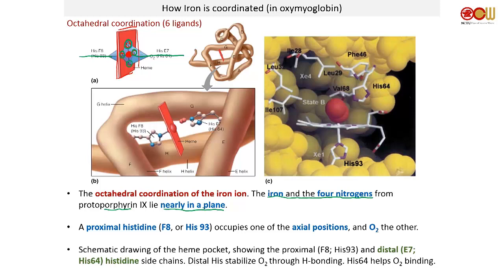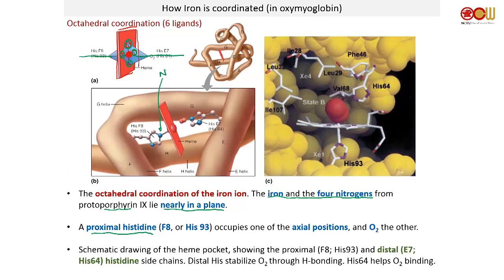Now, important for both hemoglobin and myoglobin is that you have two histidines associated with this O2 capturing mechanism. One of those histidines we call the proximal histidine, and it directly interacts with the iron, because remember that this atom right here in histidine is a nitrogen, so it can directly interact with the iron.